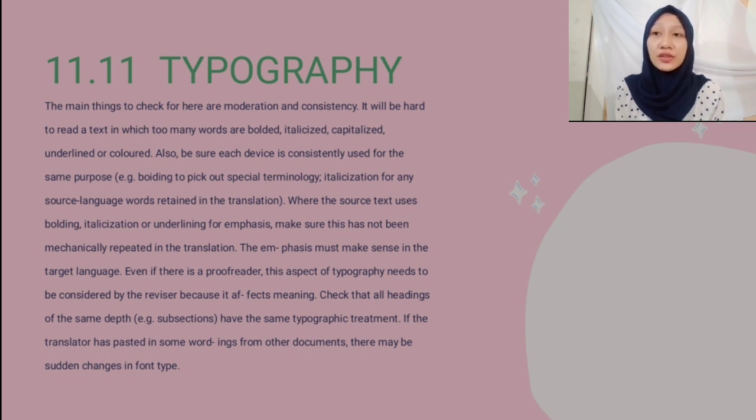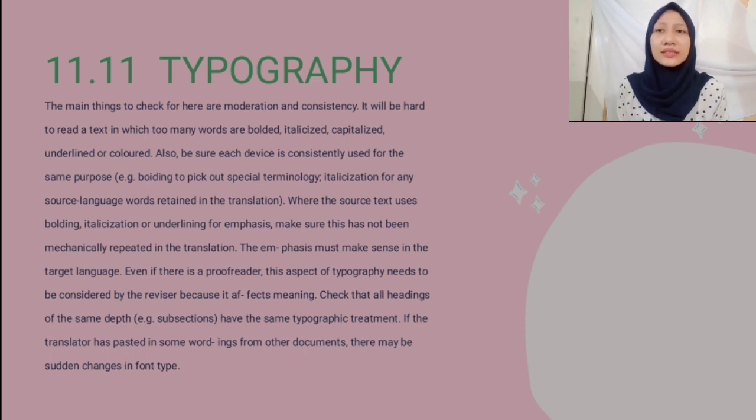Use italicization for any source language words retained in the translation. Be sure that any bolding, italicization, or underlining used in the source text hasn't been mechanically replicated in the translation. In the target language, the emphasis must make sense.